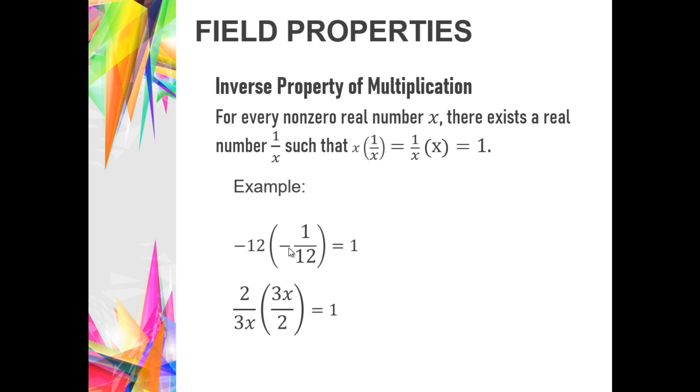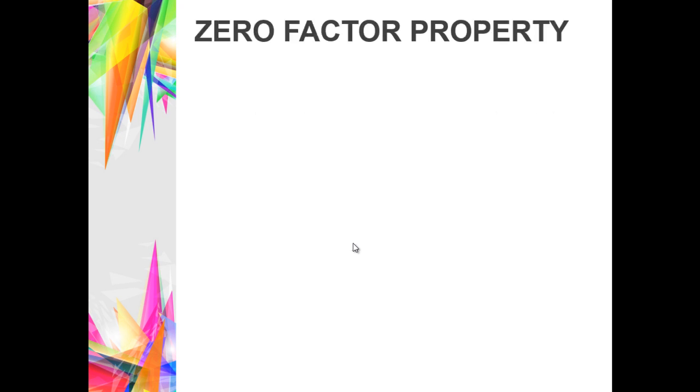The only thing that changes in the multiplicative inverse is the placement of the numerator and denominator elements. They switch places because it is called the reciprocal. Okay, so that's it for the inverse property.